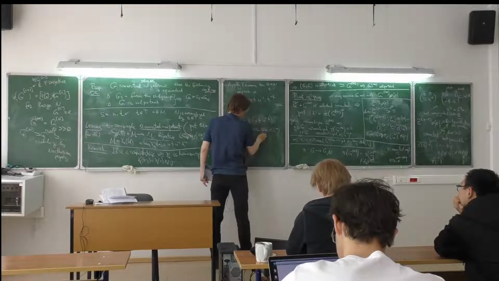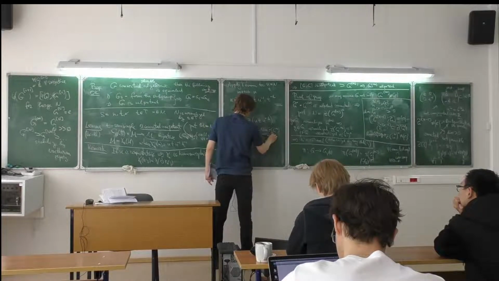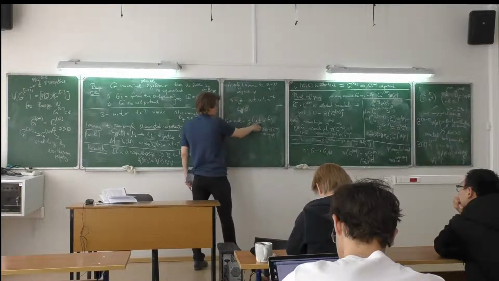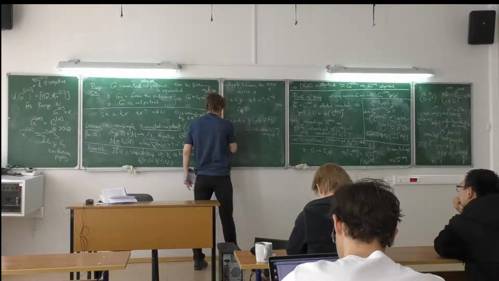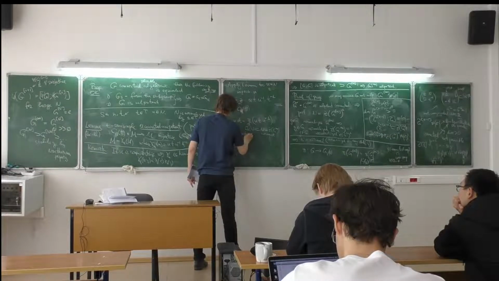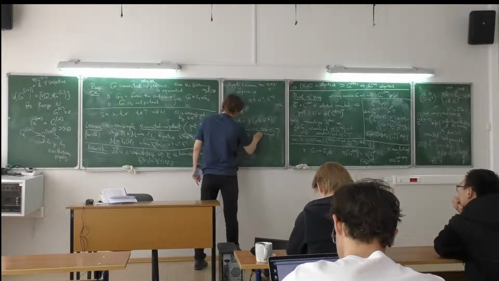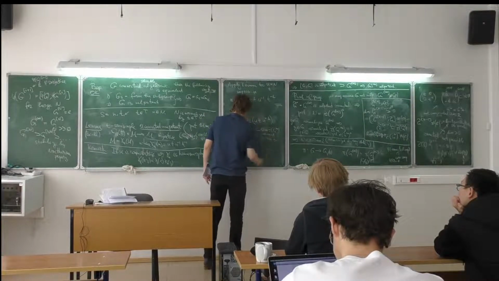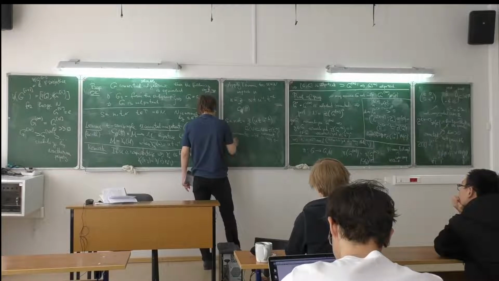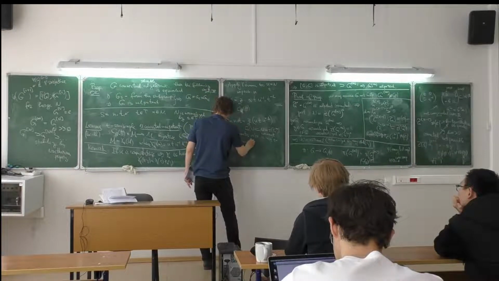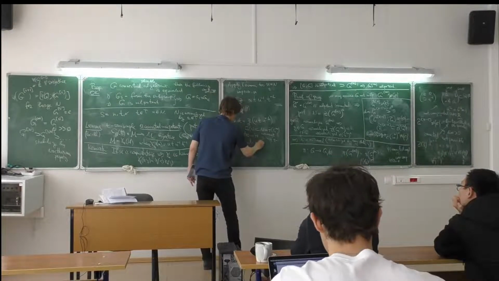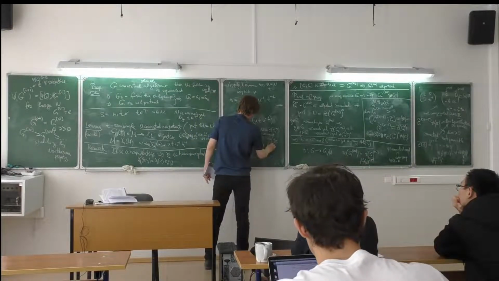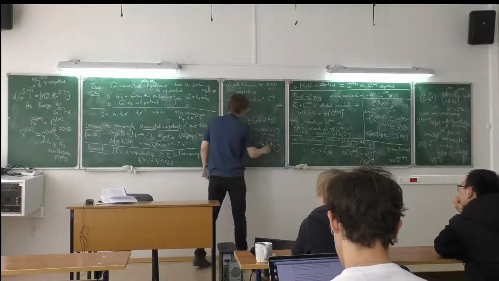So this is a commutative group. So Z commutes with U and T, and this implies that Z commutes with U T U inverse.